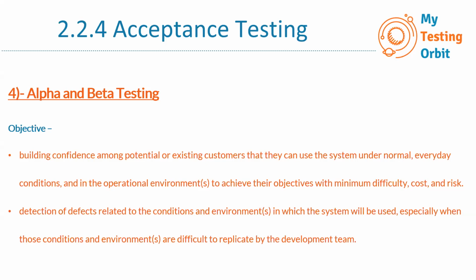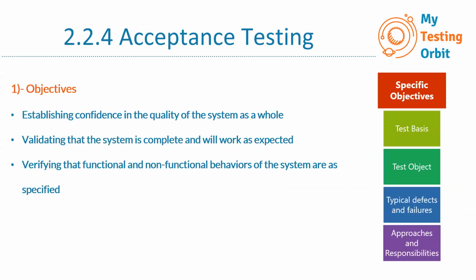And then in beta testing, it can be ensured that we have that set of customers where we can test that target area which was not being tested earlier. So this is one of the other objectives of alpha and beta testing.